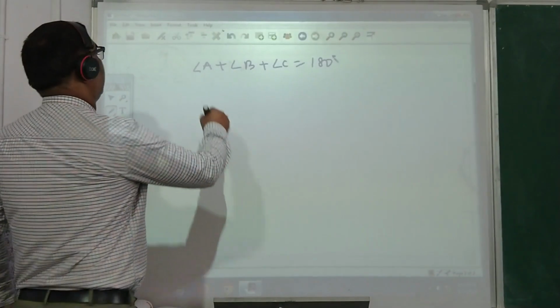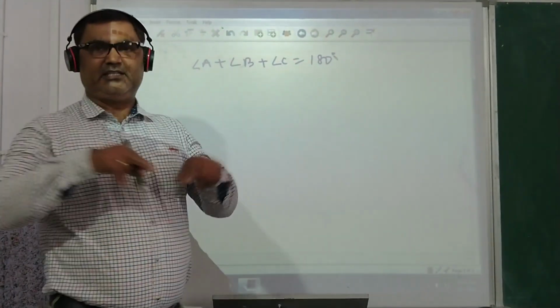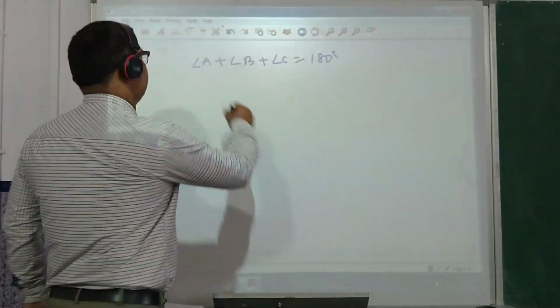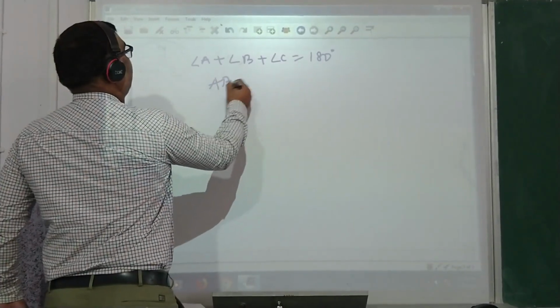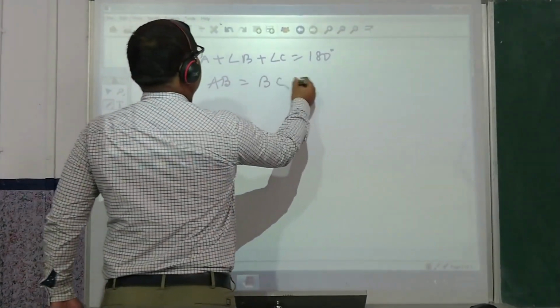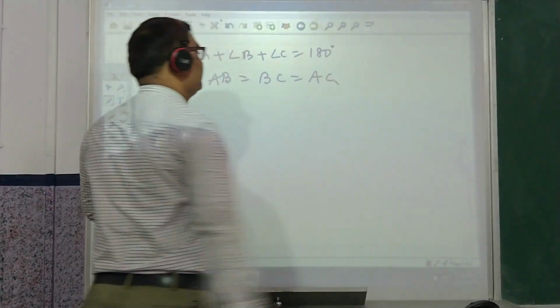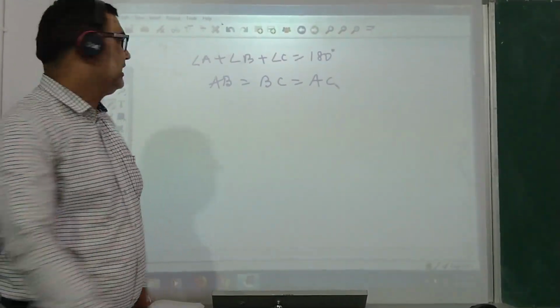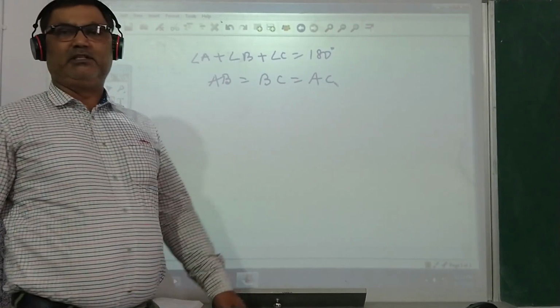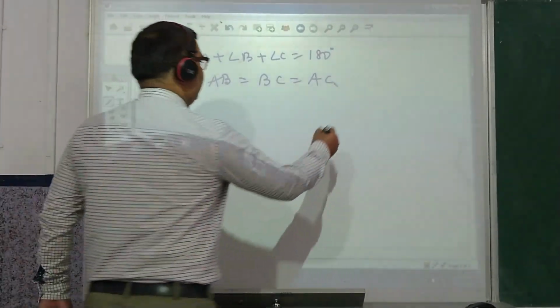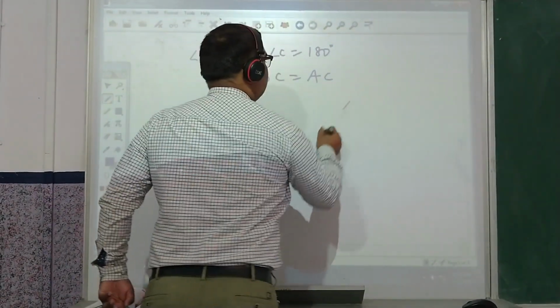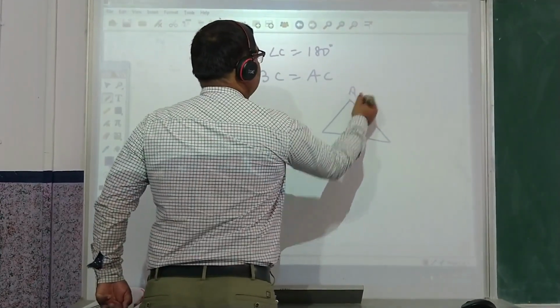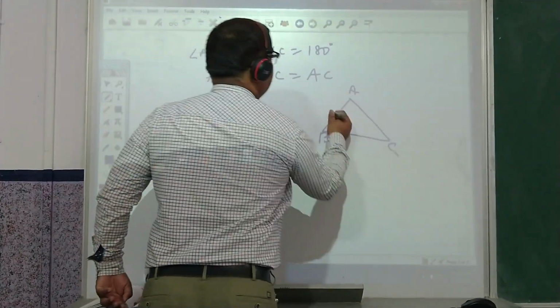Now, you know, if in a triangle all the three sides are equal, that means AB equals BC equals AC, then the angles opposite to them are equal, that is angle A equals B equals C. For example, suppose the triangle is ABC.